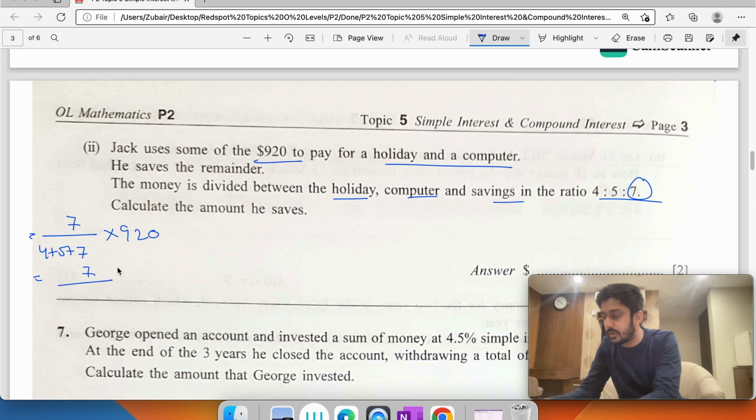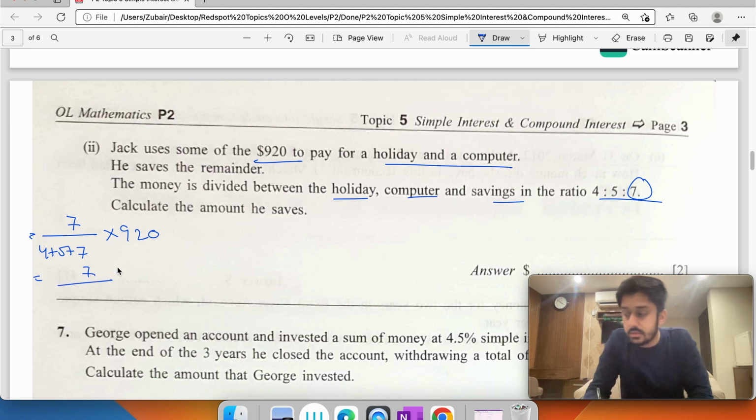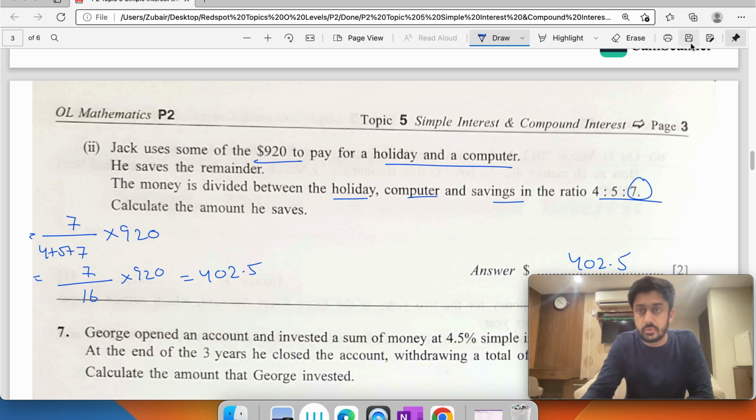So 4, 5, and 7 is 16. 7 by 16 of 920 is 402.5. He saves 402.5.